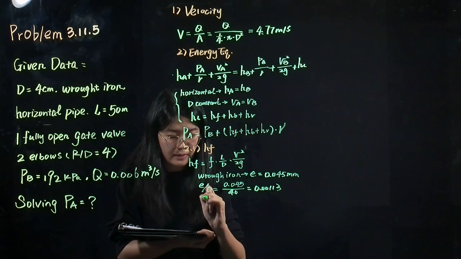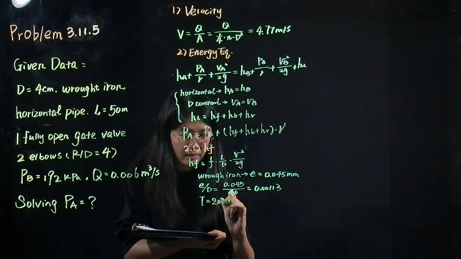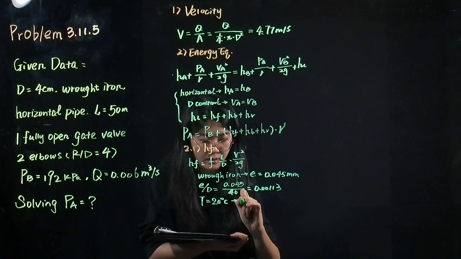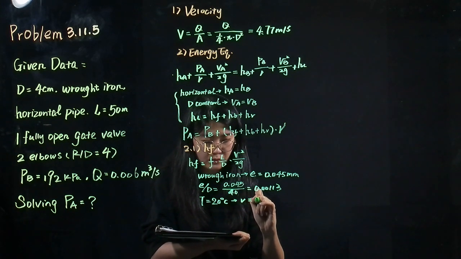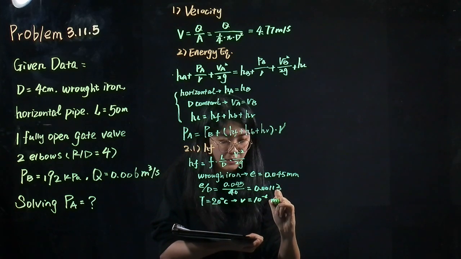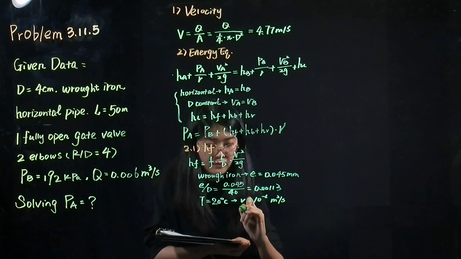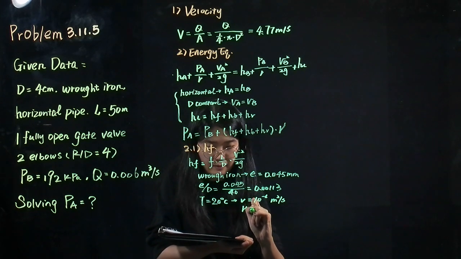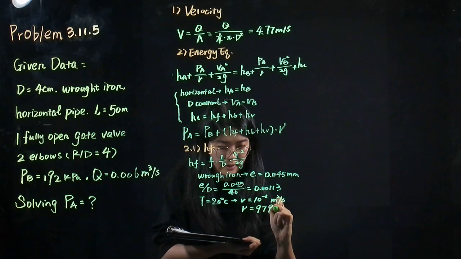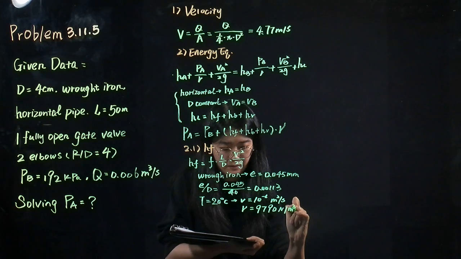And because the temperature, we assume, is 20 degrees Celsius, then the kinematic viscosity is equal to 10 to the power of minus 6 square meter per second. And the specific weight of water is 9,790 Newton per cubic meter.